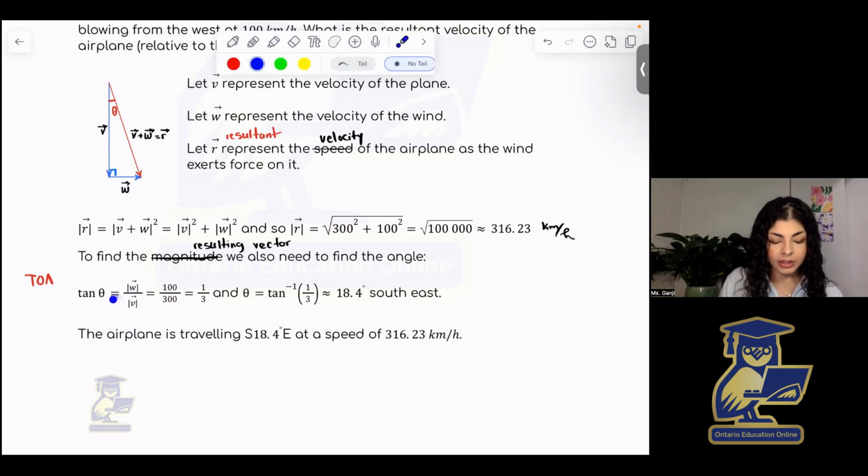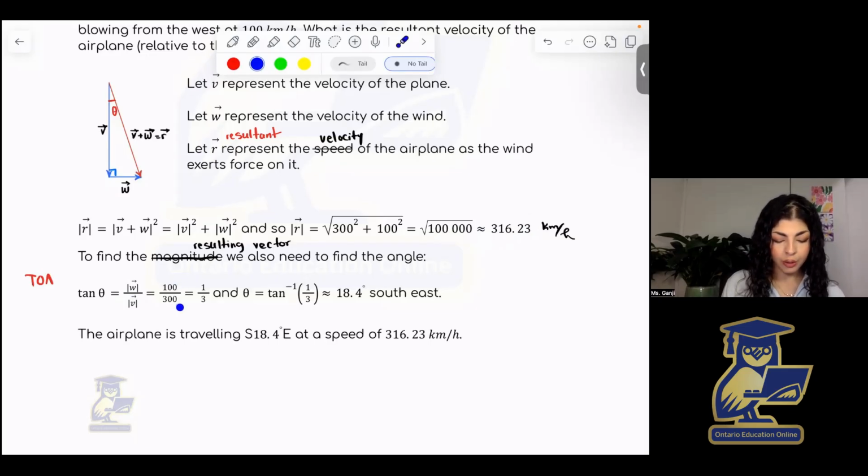And I suggest using this over sine or cosine. First, because the hypotenuse is a decimal, so it's not an exact value. But also, in case you made an error there, you're not using your error to solve for the second part, which might give you another error. You're using the given values, which decreases the chance of error for you.